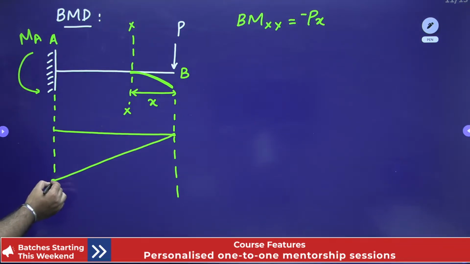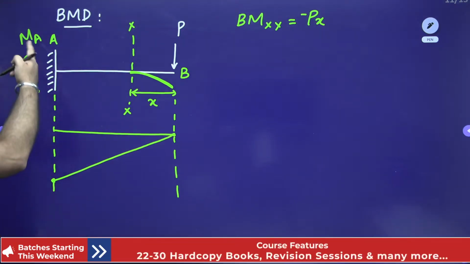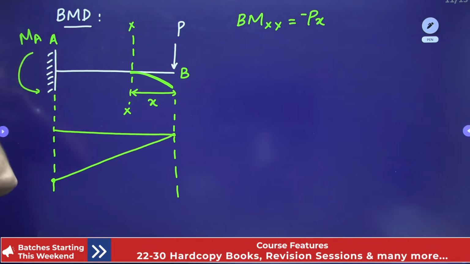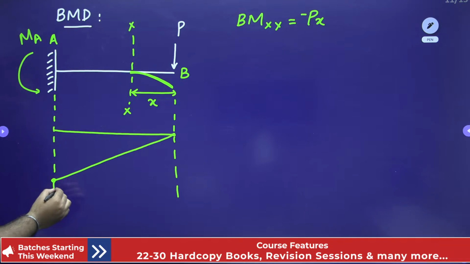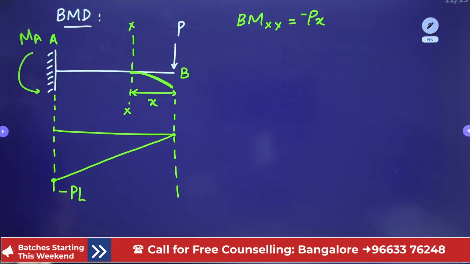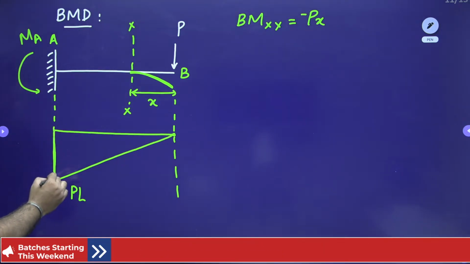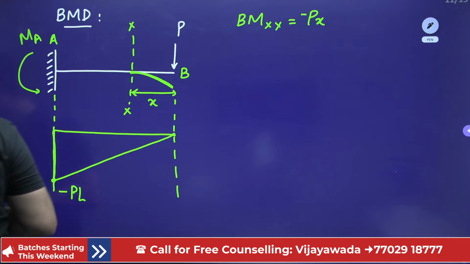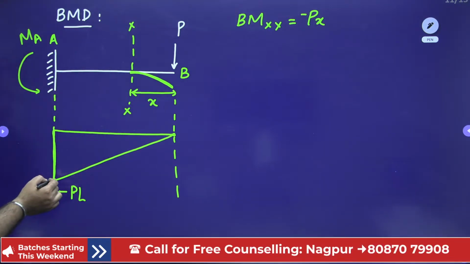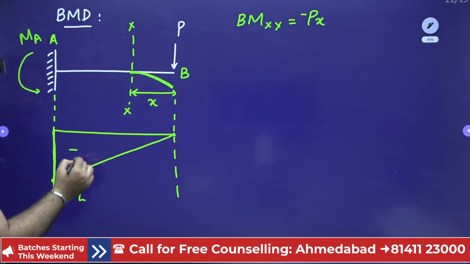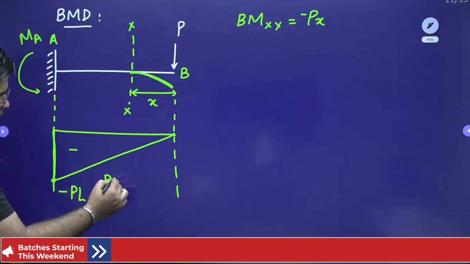At this point A, you have the resisting moment MA, whose value is P into L. As you clearly see here, when you calculate the value of bending moment, this is minus P into L. This moment is the resisting moment, and it will try to pull the bending moment diagram upwards, right? So this is negative. So this is your bending moment diagram.